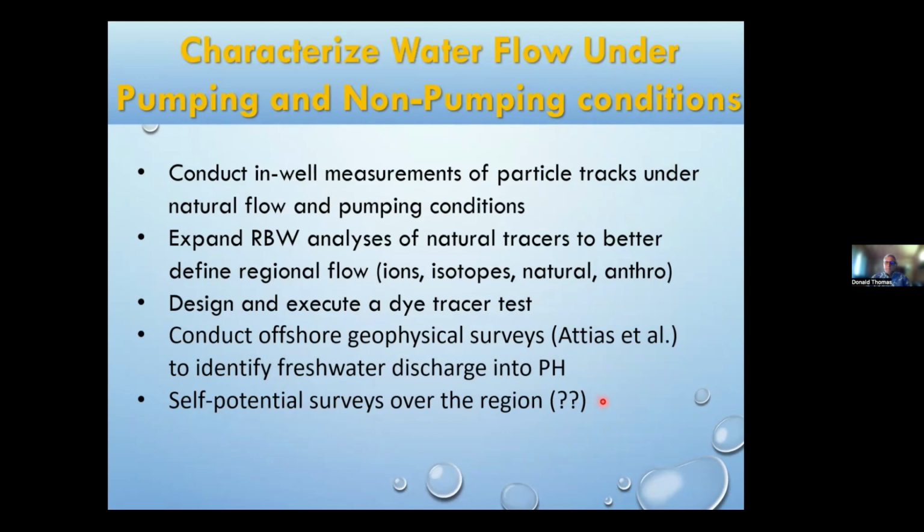However, this is an electrical method, and within the region that we're working, there is a tremendous amount of buried electrical conductors, the pipelines, the tanks, and all of these will have an effect on the signal that is surveyed using these self-potential surveys. And so although we will attempt it, we don't have high expectations that we'll be able to get very reliable data from that exercise.